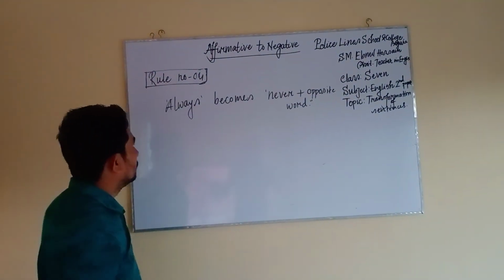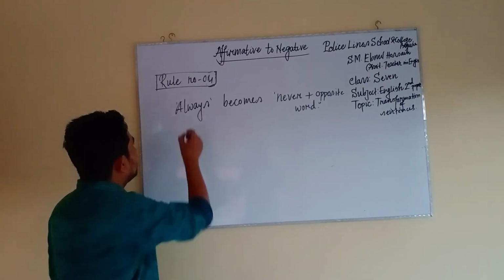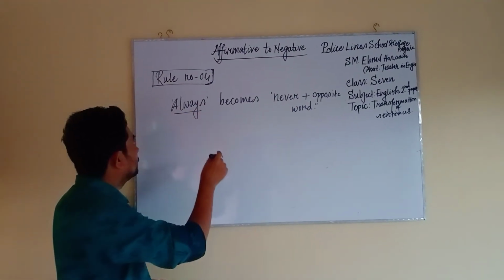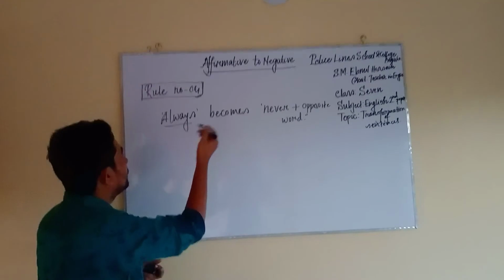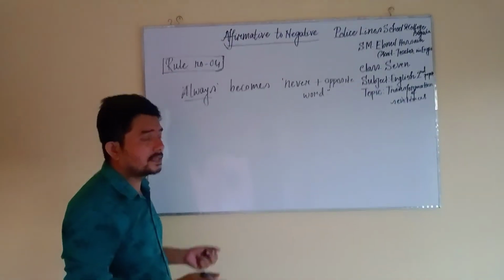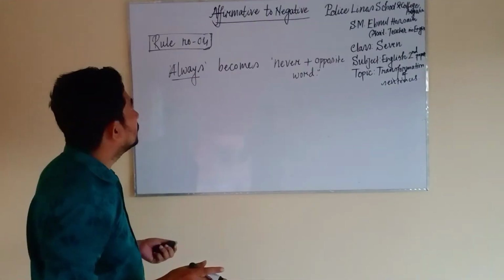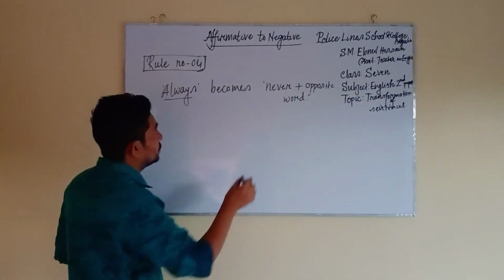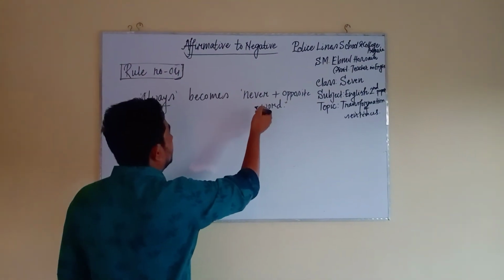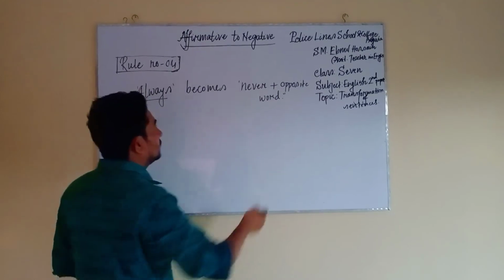Please notice the rule here. Always, if the word always is found in the affirmative sentences, then we can change this kind of affirmative sentences into negative sentences by using the word never and the opposite word.